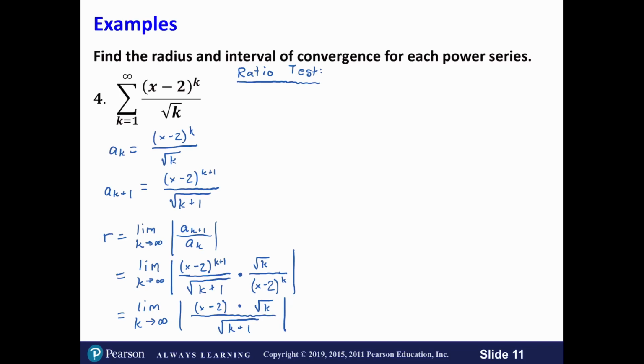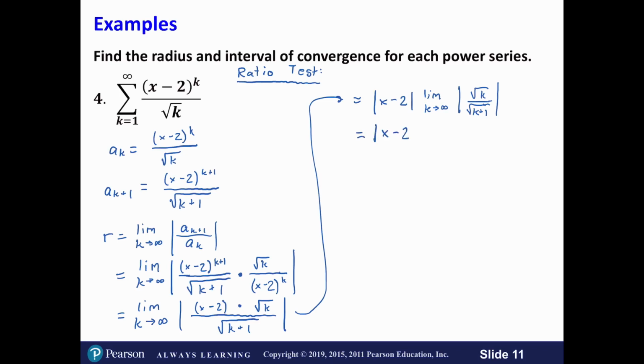Alright, we can pull that x minus 2 outside of the limit, once again still an absolute value. And we get the limit as k approaches infinity of the square root of k all over the square root of k plus 1. Alright, so let's ask ourselves, what is that limit equal to? Well, that limit's equal to 1. And so we are just left with the absolute value of x minus 2.